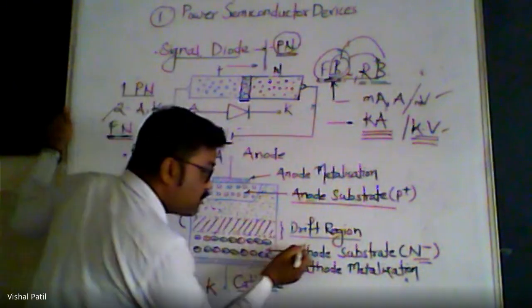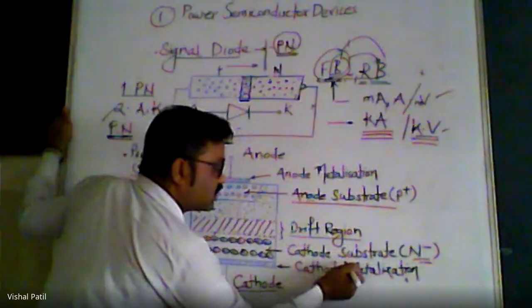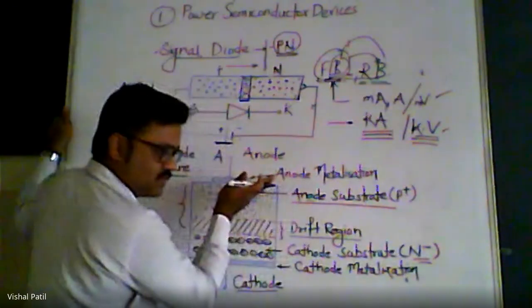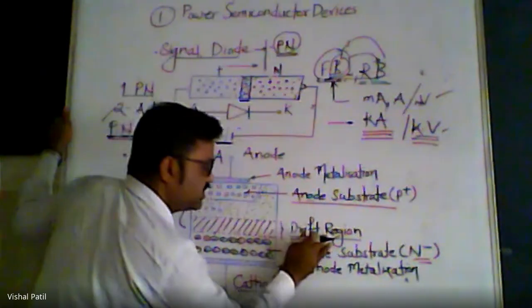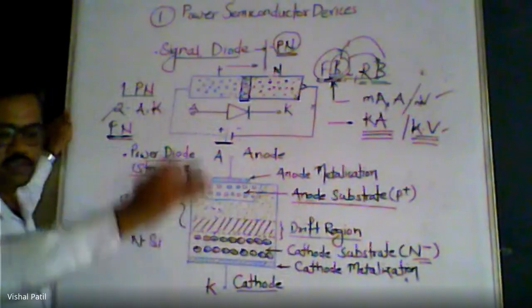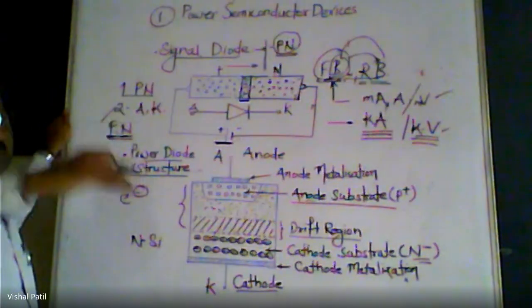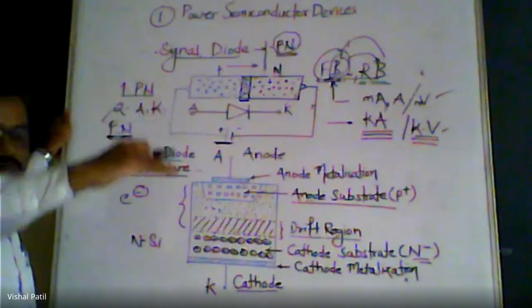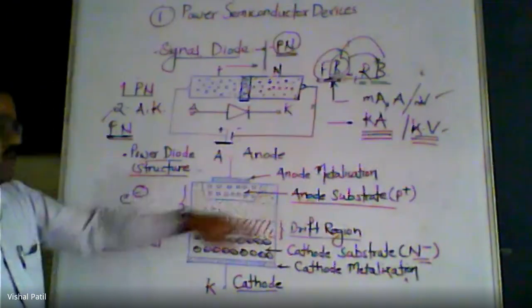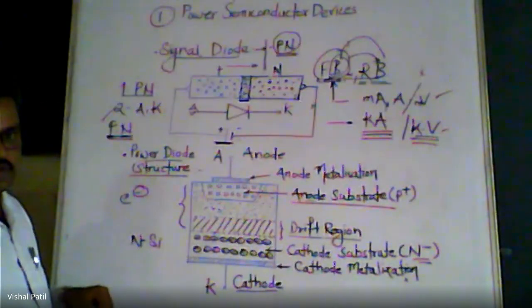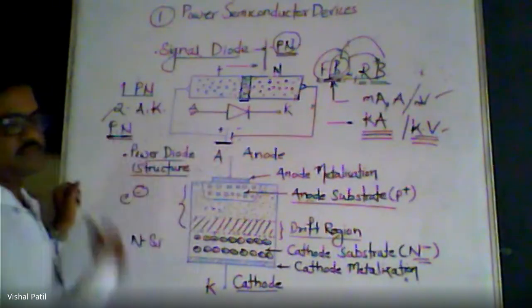So there is a scope for the drift cathode substrate to grow in this region, and that's why it is called the drift region. Drift means just moving one above the other. That is called drifting. If you go by the meaning of the word, it will grow towards the cathode substrate.